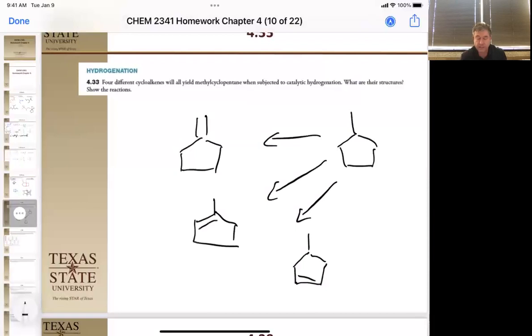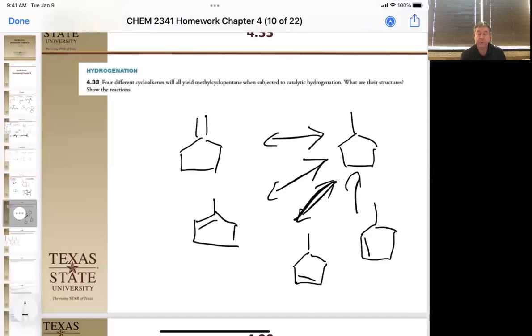What other isomer can we get out of this? We can put it there, we put it there, we put it here. Oh, we didn't put it here. So that gives us 4 cycloalkenes that when reduced will all give the same product.